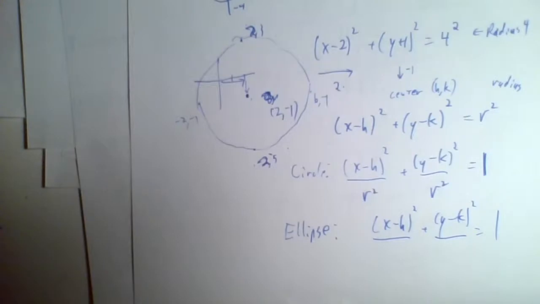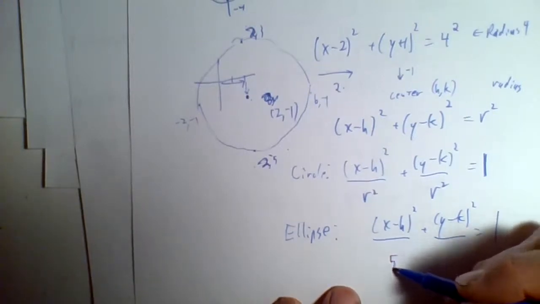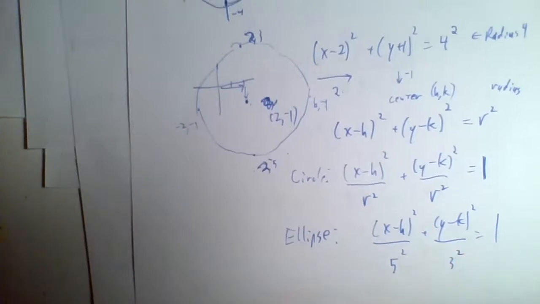So if I go with 5 squared and 3 squared, that's a lot like a circle, but the measurements, how far it goes from the center, is different horizontally than it is vertically.